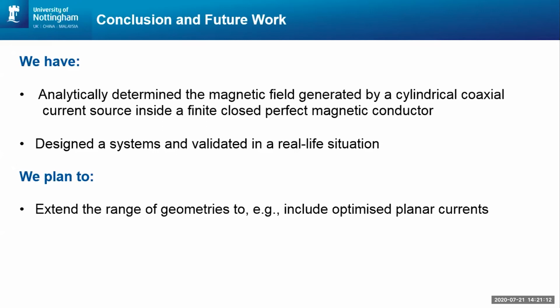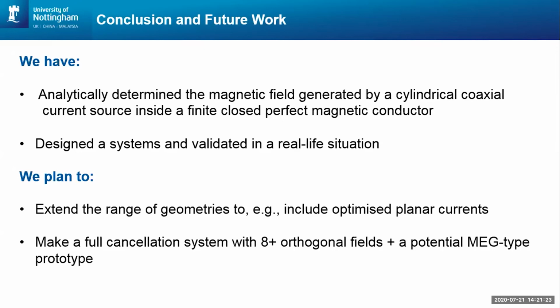Hopefully we're going to try it for planar geometries, and then see if we can tailor those systems to a more MEG type system. Hopefully in the future we can have maybe an 8 or 9 or 10 orthogonal field compensation system to make a potential MEG prototype.